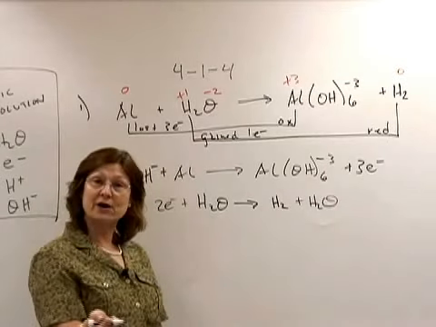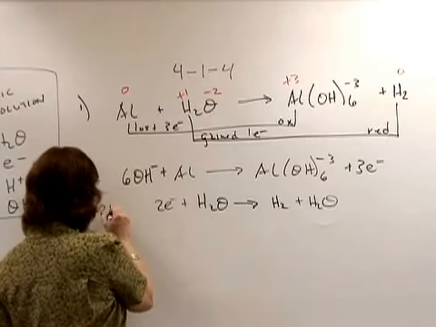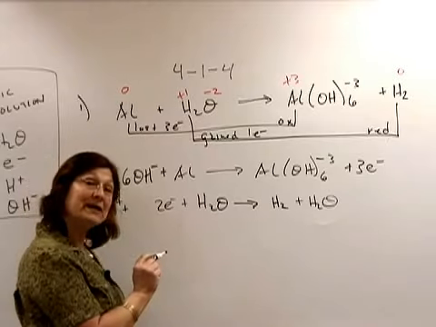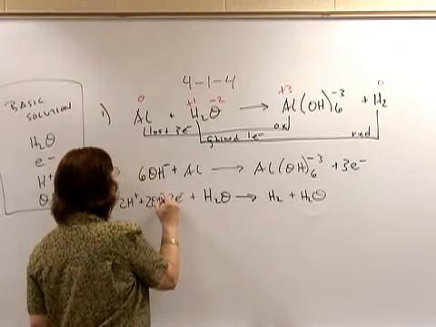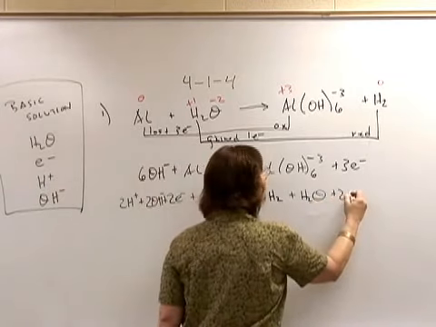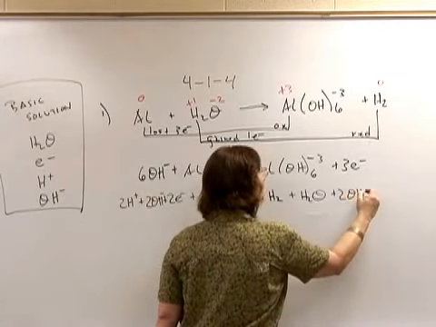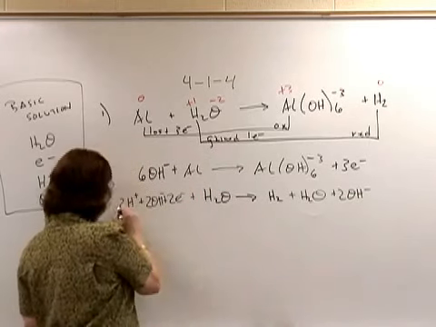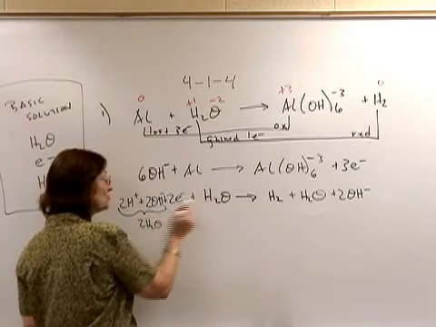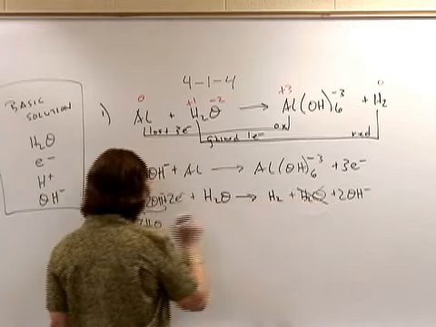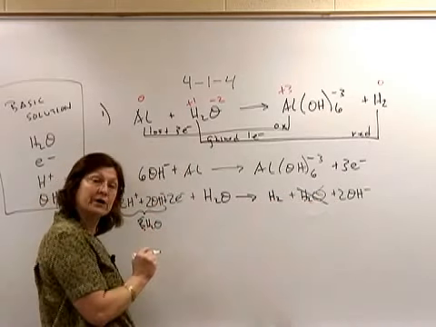And when I add water, I have to add 2 hydrogen ions. Because it's in basic solution, I'm also going to add 2 hydroxides to both sides of the equation. Now, this becomes 2 waters, and it's going to cancel with this water here and only leave me 1 water.